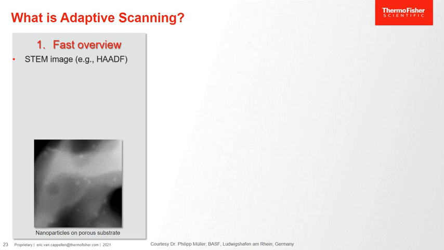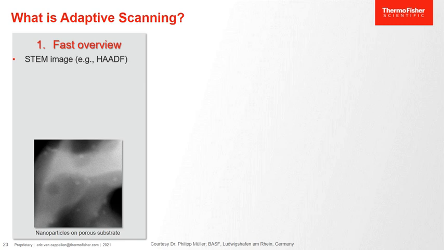to use their results. They have a Talos TEM for catalysis, and obviously time to data and statistically meaningful data are paramount for them. So what they do is they first take a fast overview like here. So a quick, fast HAADF image, and it's nanoparticles on a porous substrate.